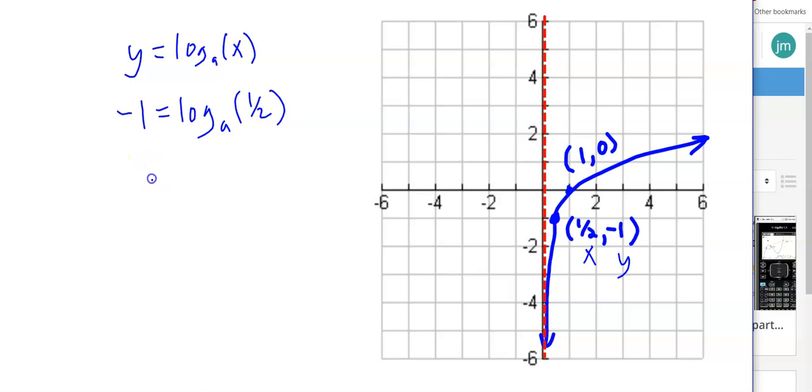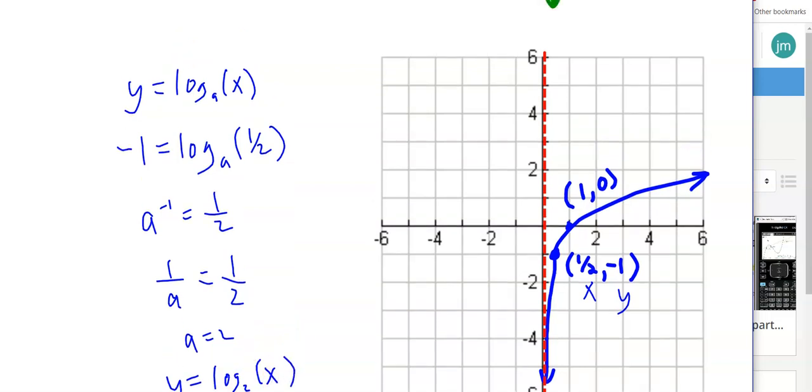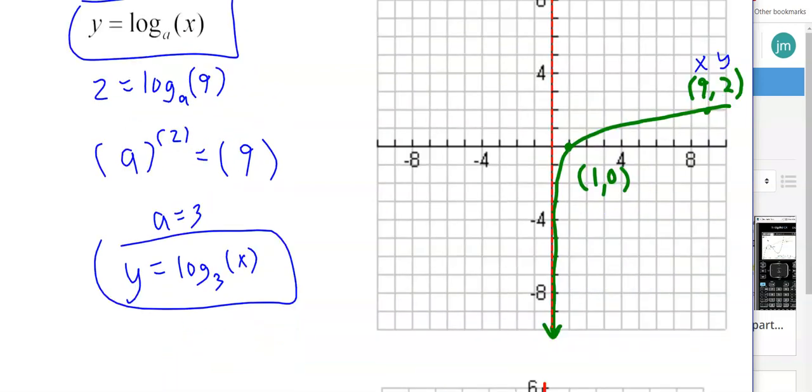So we get a to the -1 equals 1 over 2. A to the -1 is really 1 over a equals 1 over 2. I probably don't even have to solve at this point. Can you tell that a is equal to 2? And so the equation would be y equals log base 2 of x. Did I write the equation last time? Yeah, I did.